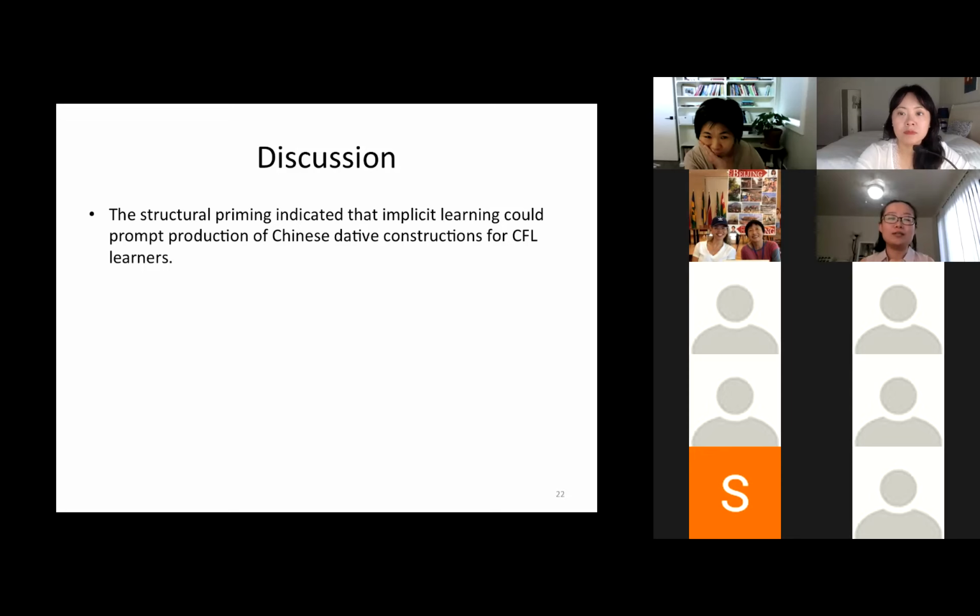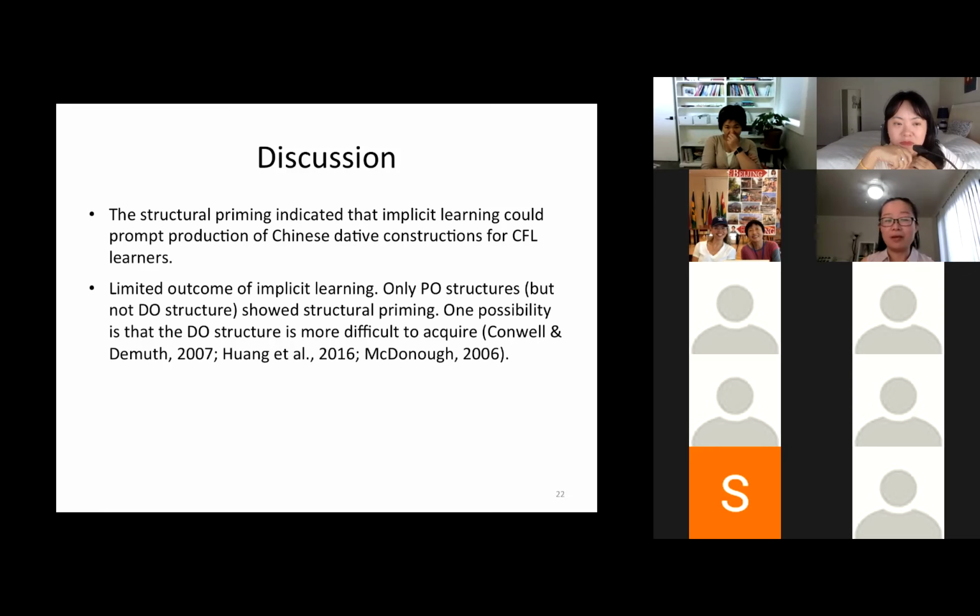Okay, so the discussion. The structural priming indicated that implicit learning could promote production of Chinese dative constructions for CFL learners. Also, the outcome of implicit learning is limited: only PO structures, but not DO structures, showed structural priming. One possibility is that the DO structure is more difficult to acquire.